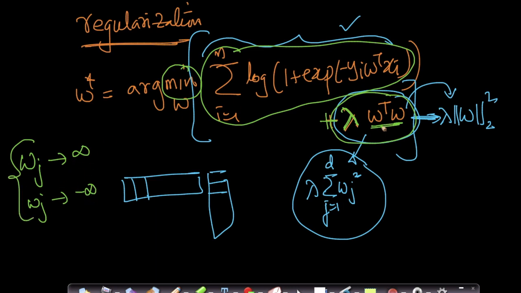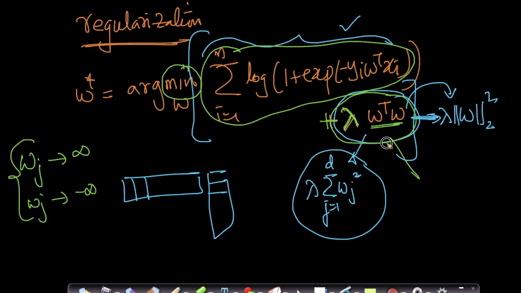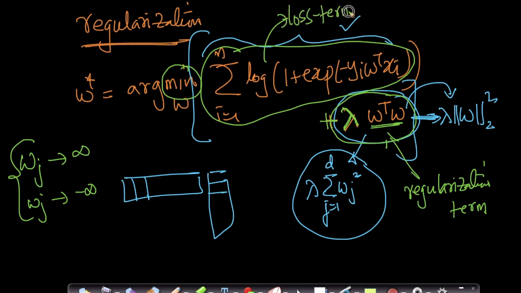This is called the regularization term in optimization. And this first term is called the loss term. We'll understand the loss term a little more when we see the loss function interpretation of logistic regression. For now, the first term is the loss term and the second term is the regularization term.